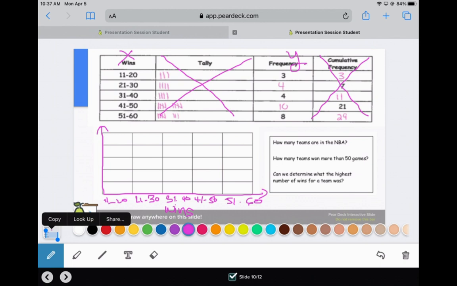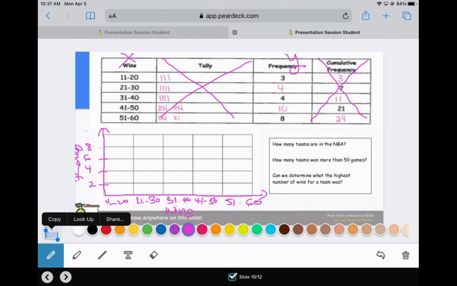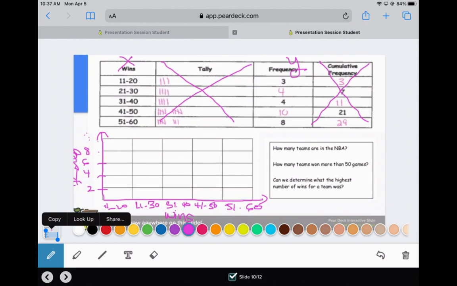And then the frequency, I know my handwriting is bad, but 2, 4, 6, 8, and 10. Okay, and then we have 3, so that's a little bit higher, and then we have 4, and then another 4, then we have 10, and then 8. You can make it as simple as you want, or if you like to make it colorful like I normally would, then do so.